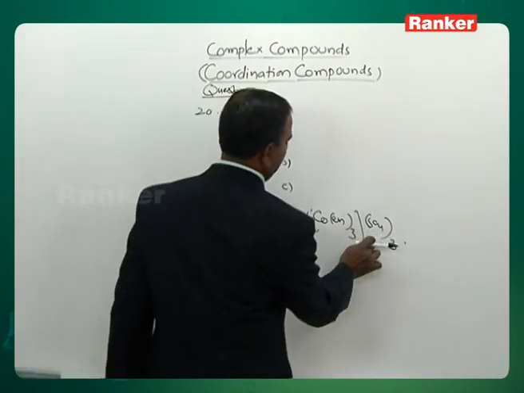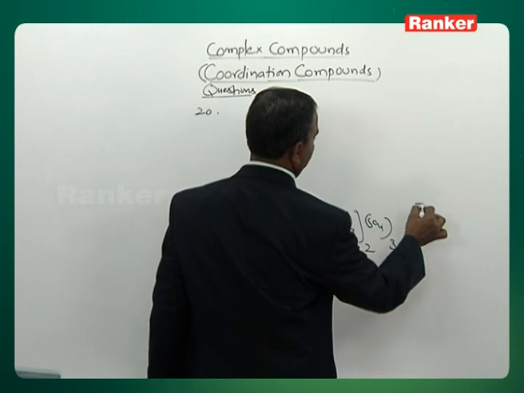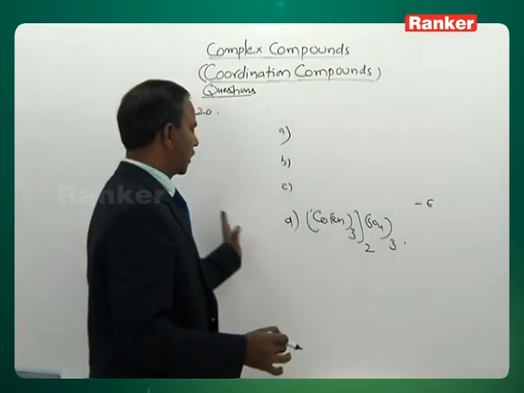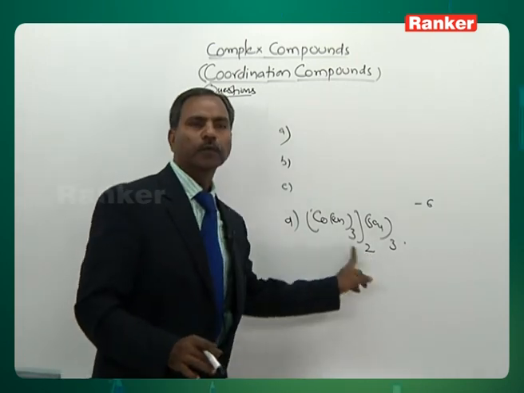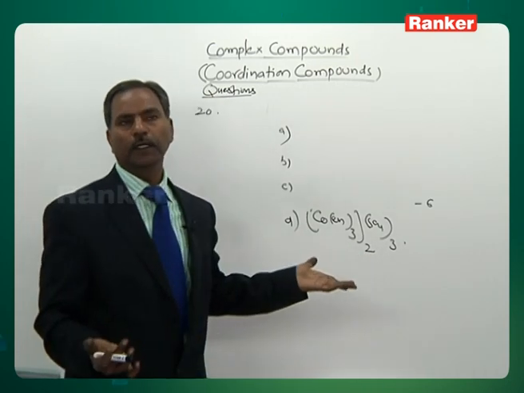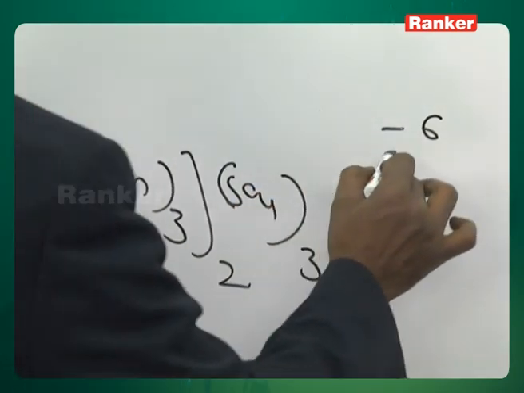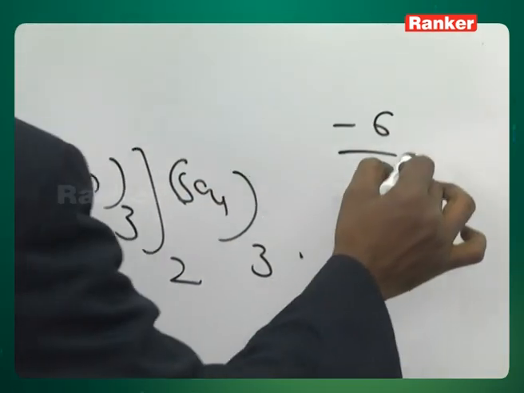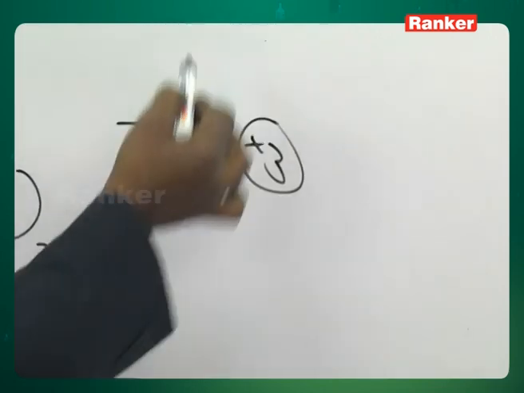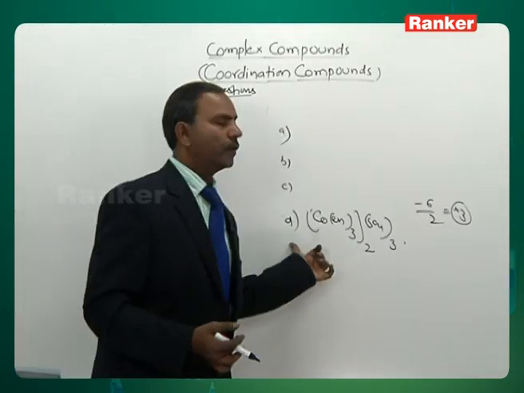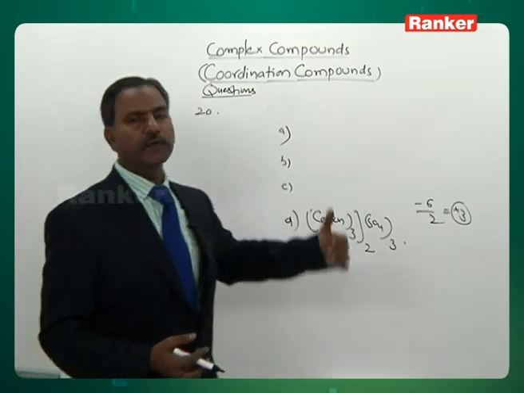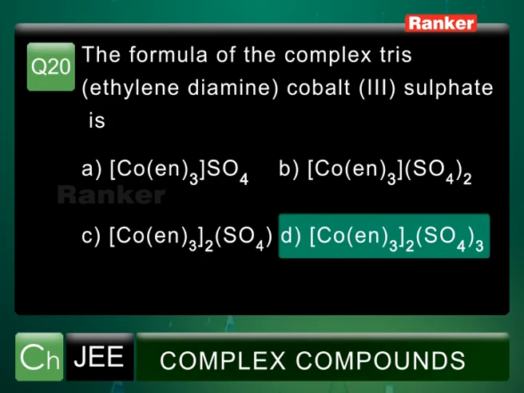So many sulfates are there? 3. 3 into -2, -6 charges. Total charge on the complex is 6. How many cobalts are there? 2 cobalts are there. Each should be 6 by 2, coming to plus 3. Therefore, this is the Co(en)3 taken twice, SO4 taken thrice. Option D is the correct answer for this question.